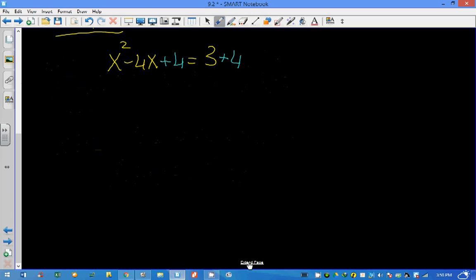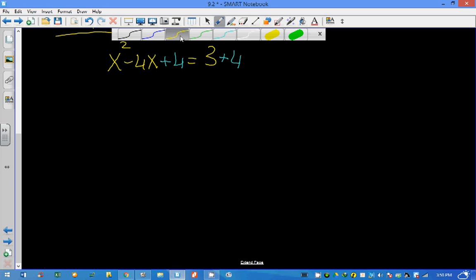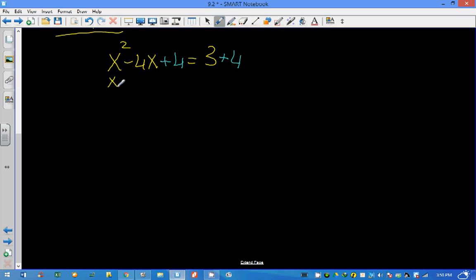And x and x, negative 2 and negative 2. The reason for the factorization of 4 is because of the negative 4x. And by the way, this will be 7. (x minus 2) to the power of 2 is equal to 7.